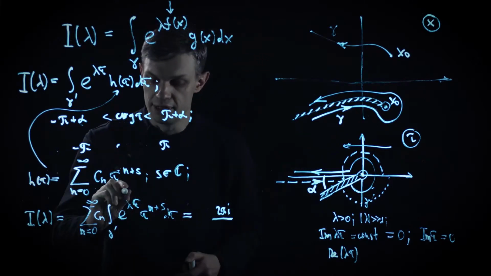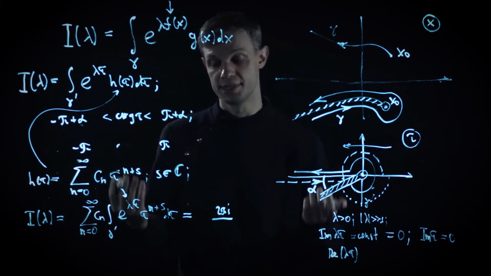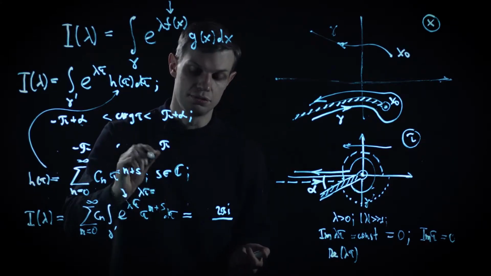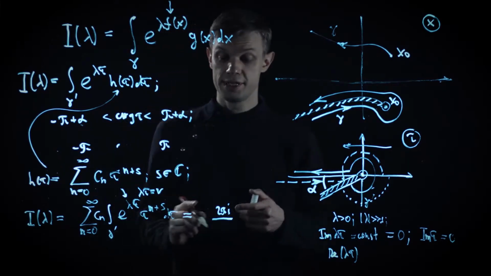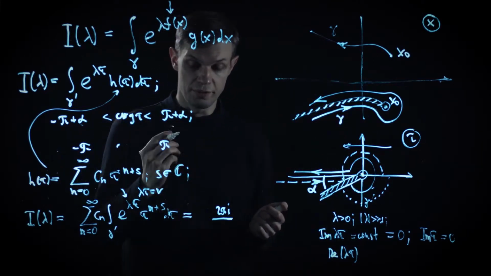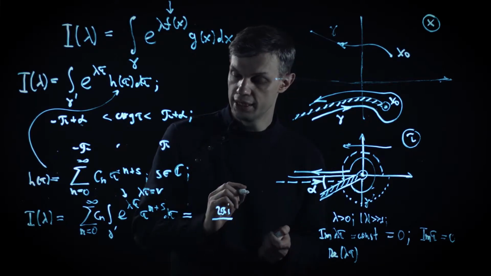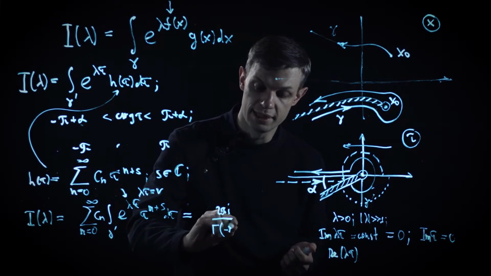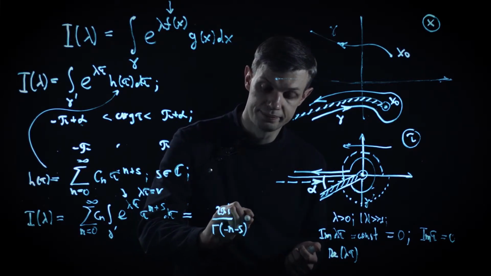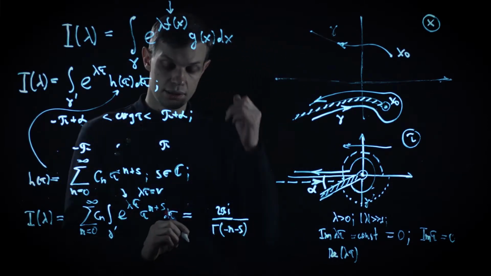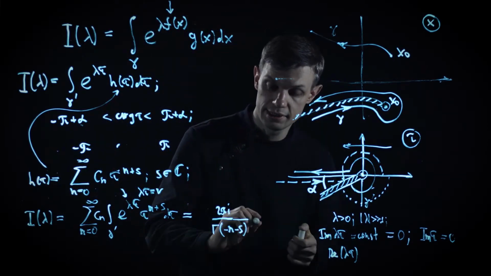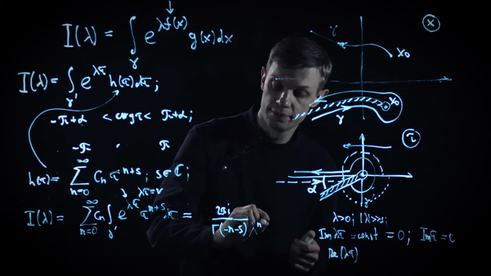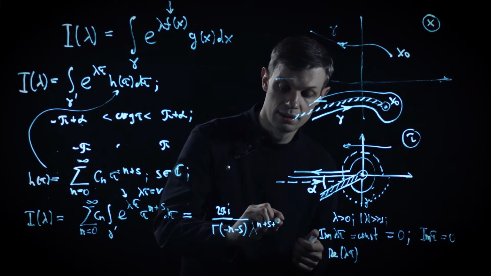Well, naturally, there is an additional lambda factor here, so it becomes a gamma function after the rescaling lambda tau equals, for example, t. Once you perform this rescaling, what you eventually arrive at is 2 pi i divided by the gamma function of minus n minus s, and divided by lambda to n plus s plus 1.